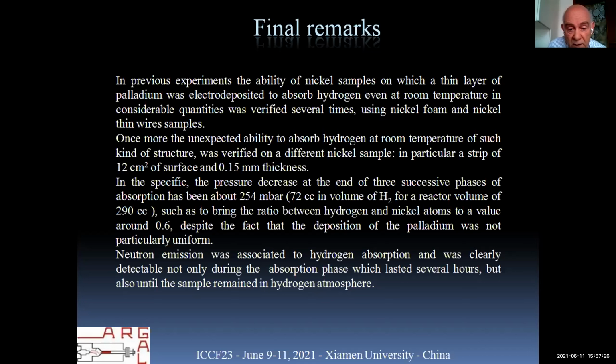The volume was 72 cubic centimeters of hydrogen for a reactor volume of 290 cubic centimeters, such as to bring the ratio between hydrogen and nickel atoms to a value around 0.6, despite the fact that the deposition of palladium was not particularly uniform. So the absorption was not due to the entire surface.